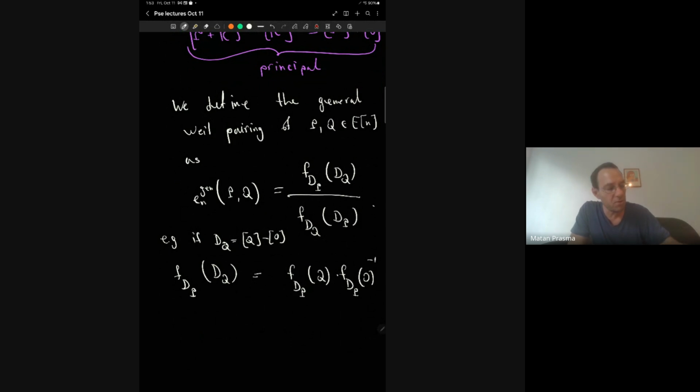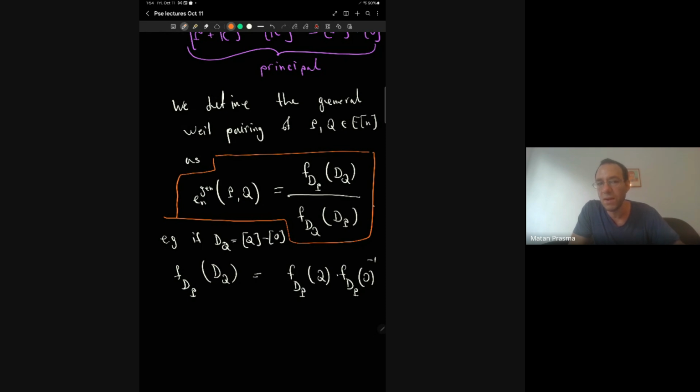But I think it's useful to phrase it in the most general way, because it has a nice symmetry to it, and you don't see the symmetry if you go to the concrete definitions.